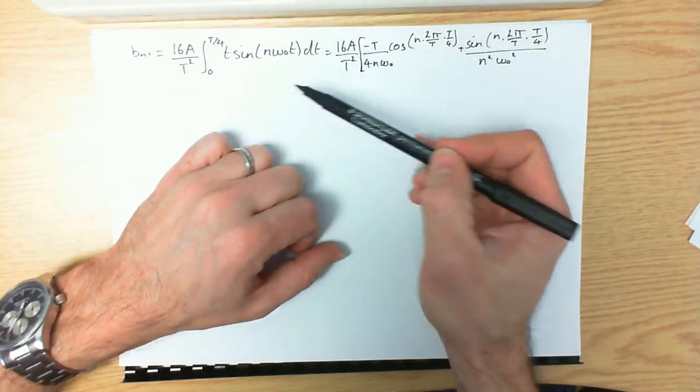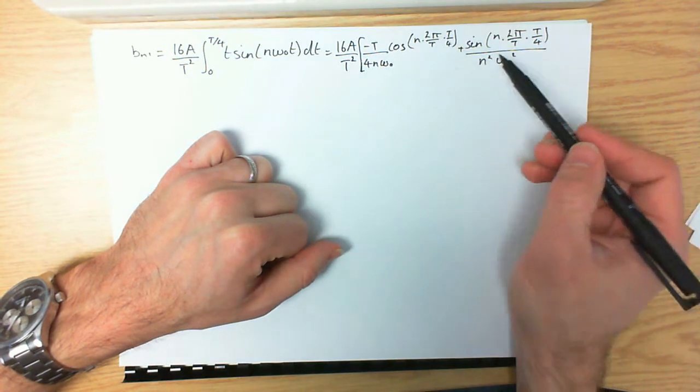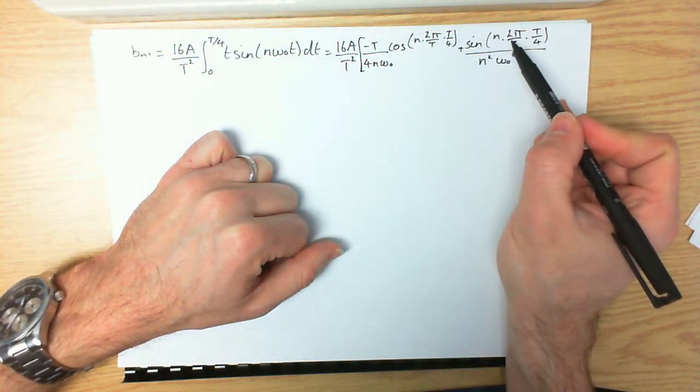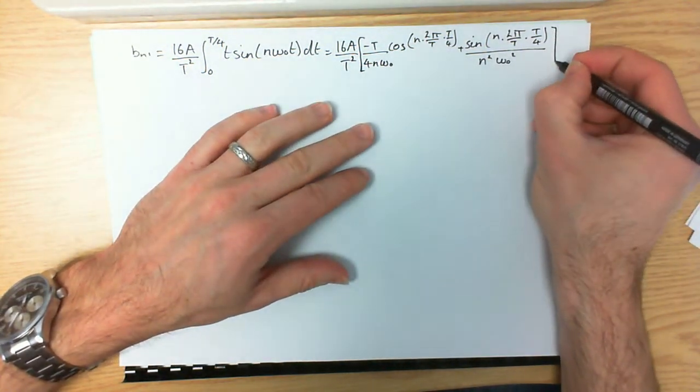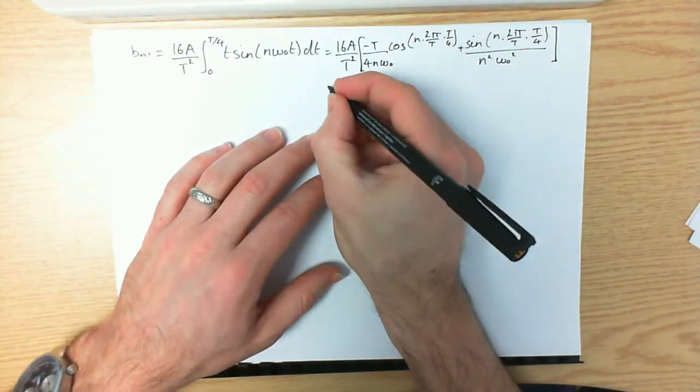The lower limit is 0, so if you put 0 into these parts you get nothing, you get 0. So that's what we get.